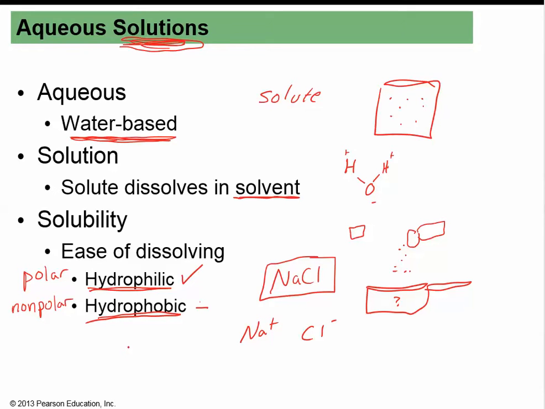So carbon dioxide, which is just kind of shaped like that, is nonpolar. There is no distribution of charge. There is no positive or negative side, so it's considered nonpolar, and that would not be soluble in water.